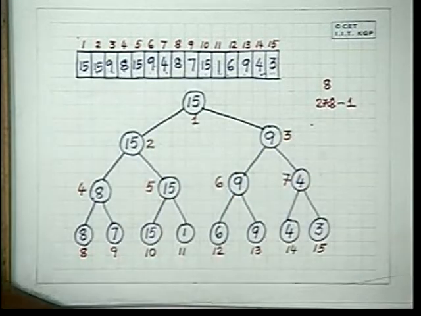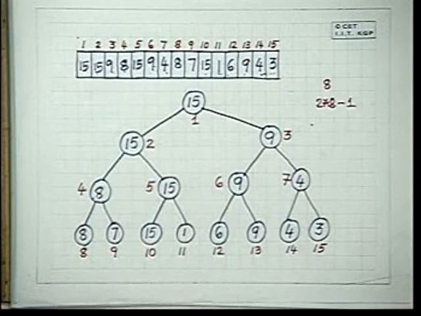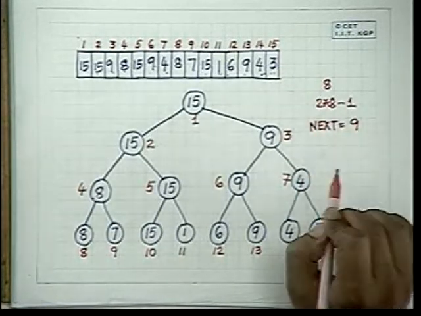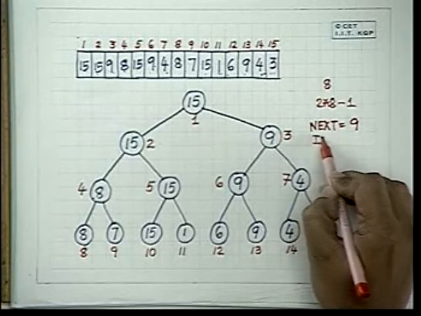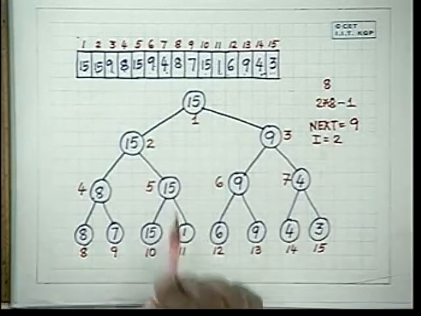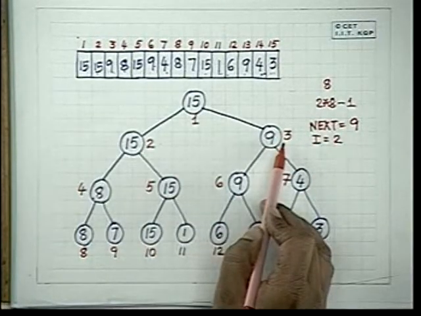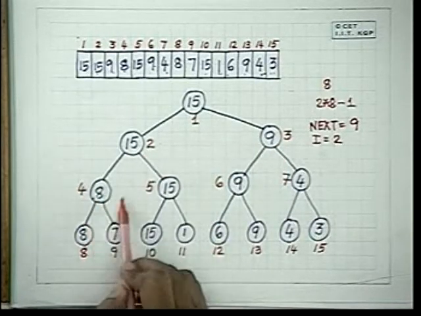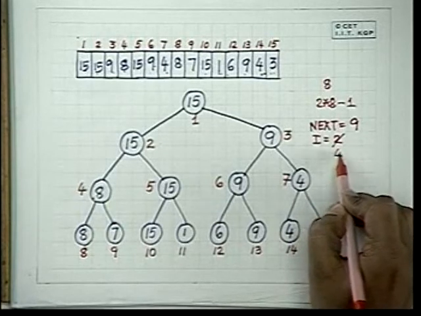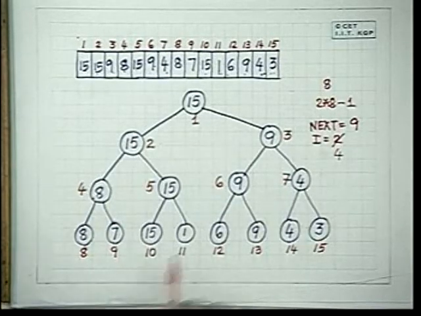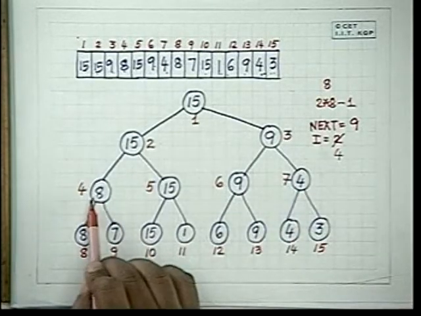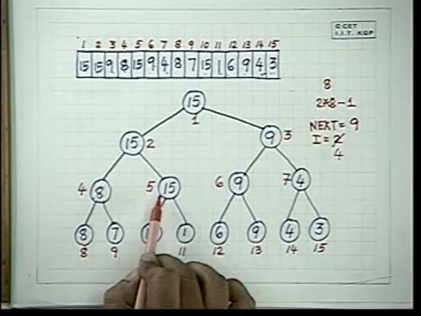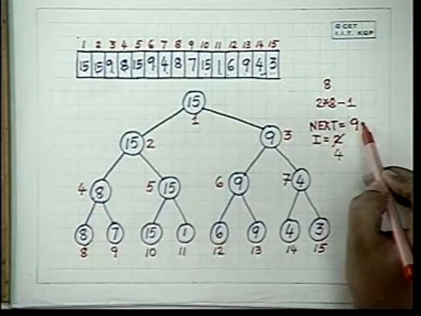So you keep a variable called next, say, which is initialized to 9, and index I is made 2 because this is larger and this is smaller. Then you make I equal to 2 into I, and so I becomes 4. Now compare 4 and 5, I and I plus 1. The smaller of the two is compared with this.